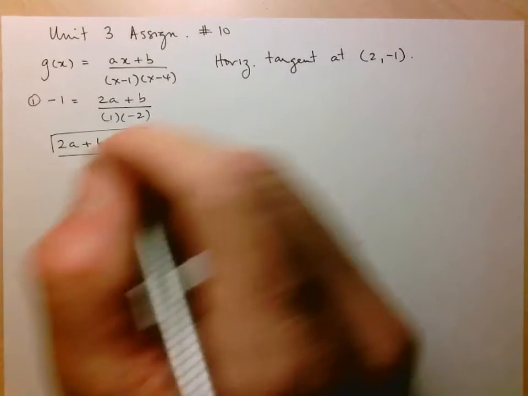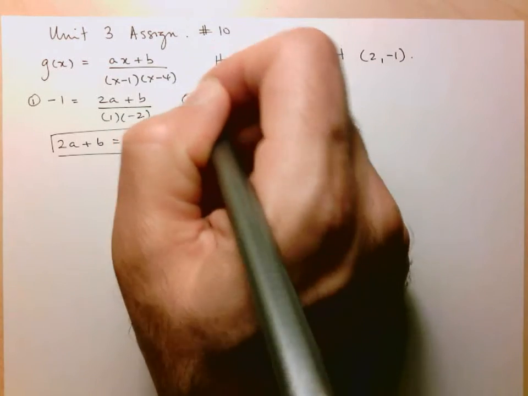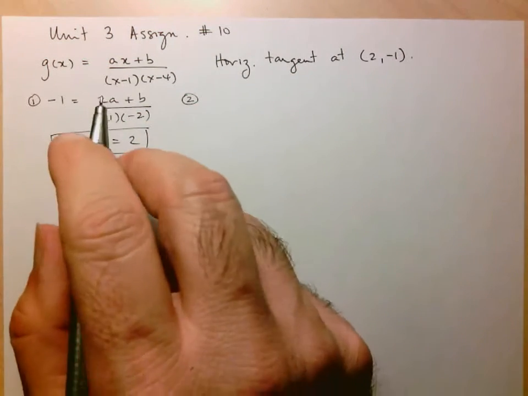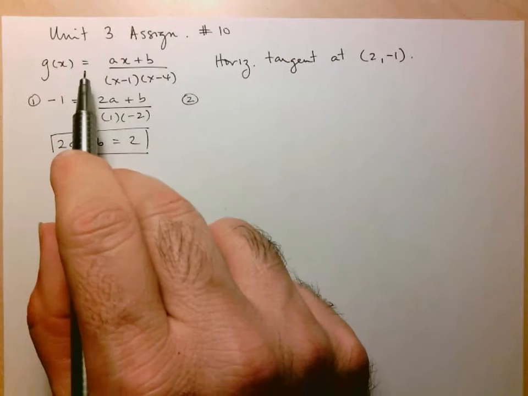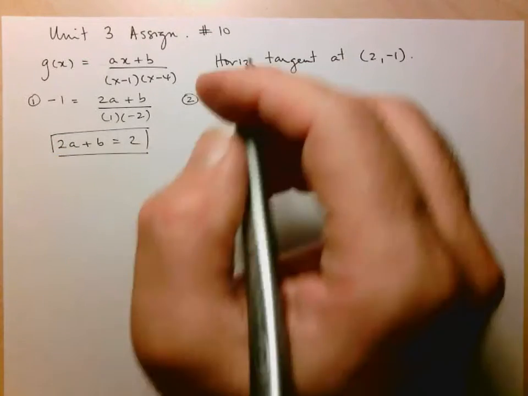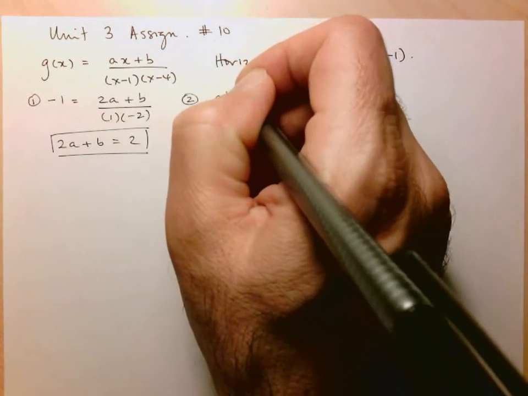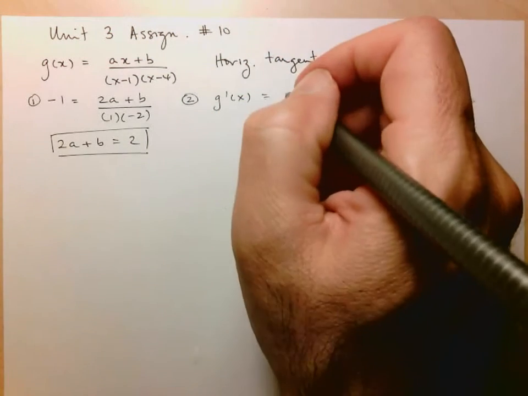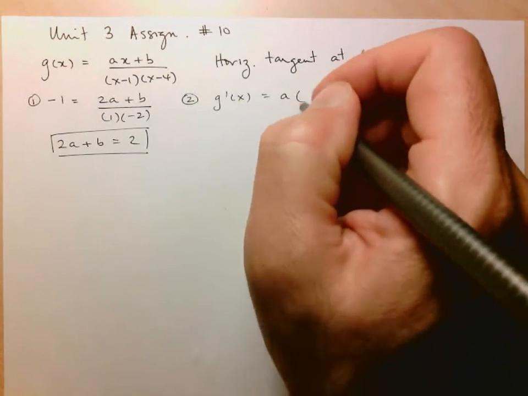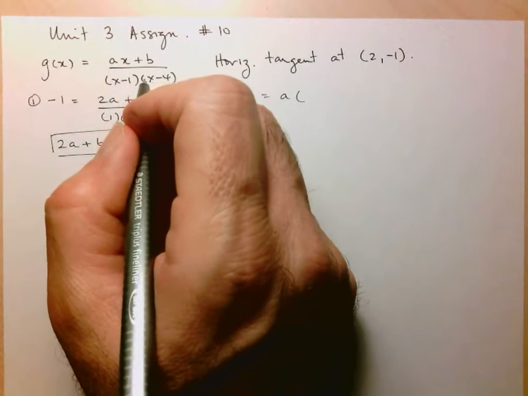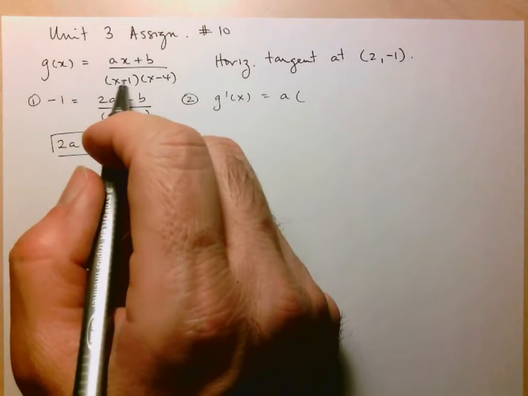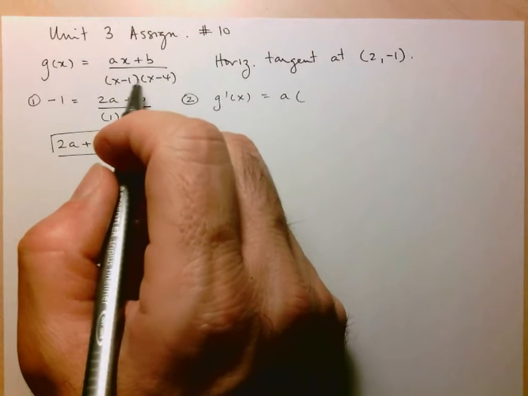Okay, so now hopefully come up with a second equation for us to solve the system. So here now we have to work with the derivative, and we know that at 2 the derivative should be 0. So start by determining the derivative. So numerator is a, and then I don't want to work with the factored form, especially when I find the derivative of the denominator. So let me multiply this out.